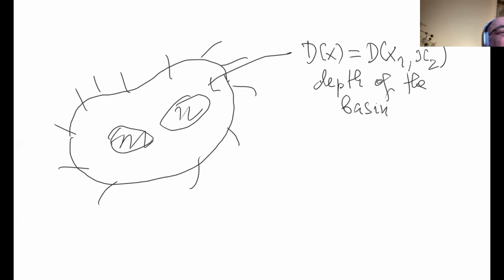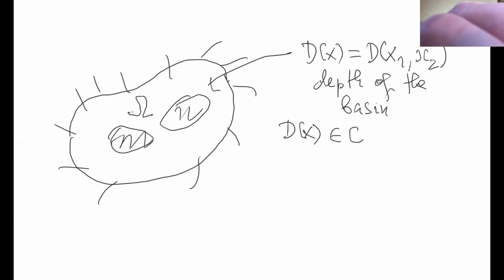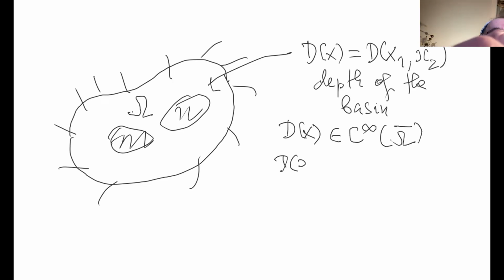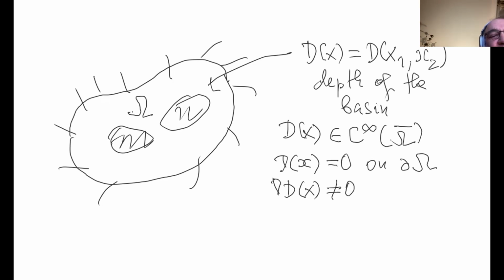So this is the domain, say, denoted by omega. And d of x is in C infinity of the closure of omega. D of x is 0 on the boundary of omega. And we will assume that the coasts are shallow so that the gradient of d of x is nowhere 0 on the omega.